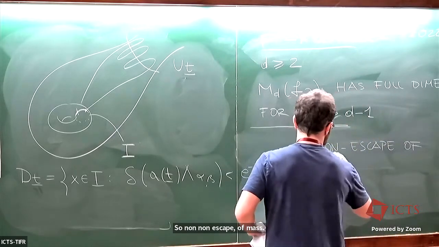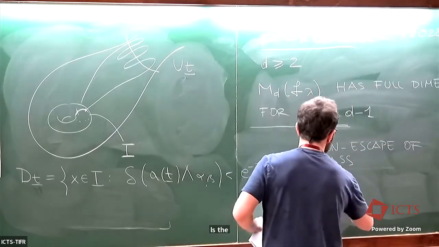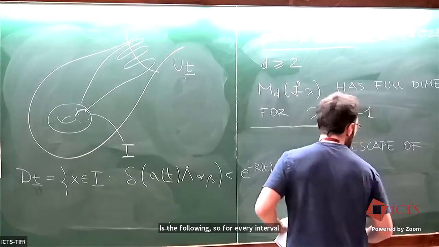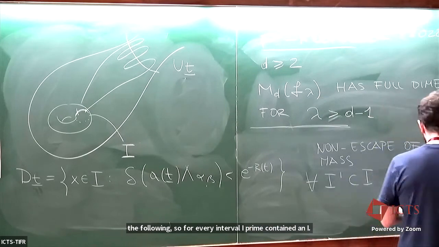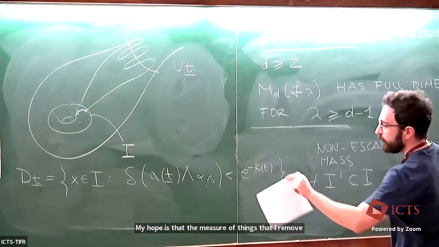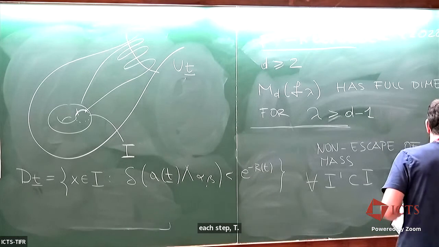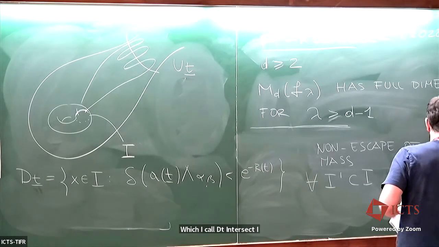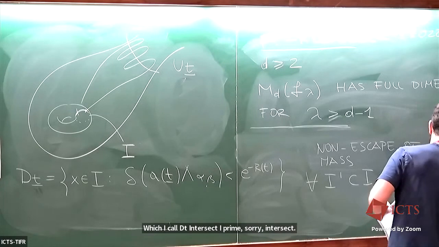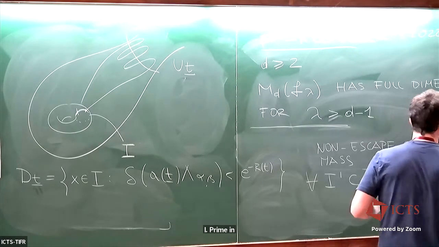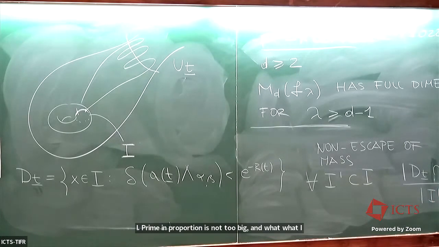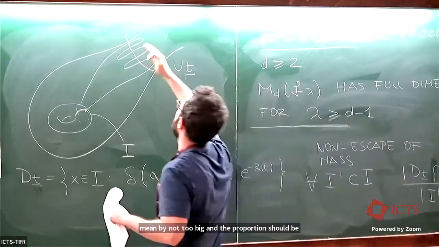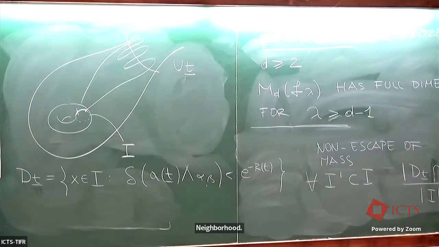Non-escape of mass is the following. For every interval I prime contained in I, my hope is that the measure of things that I remove at each step t, which I call D_t, intersect I prime, in proportion is not too big. And the proportion should be exactly the proportion between the volume of the neighborhood that I want to remove and the volume of the whole space.